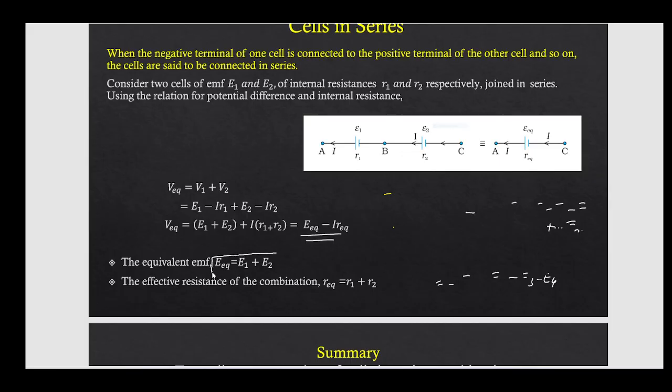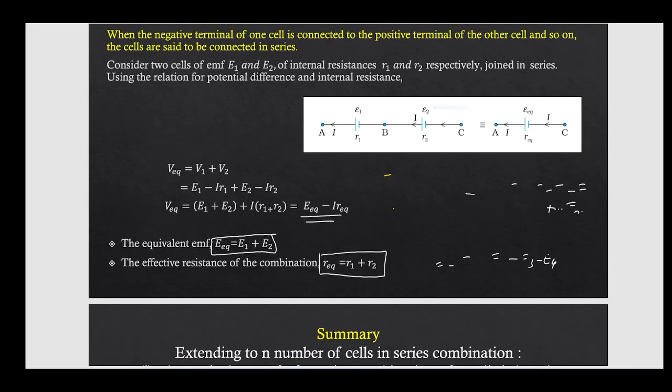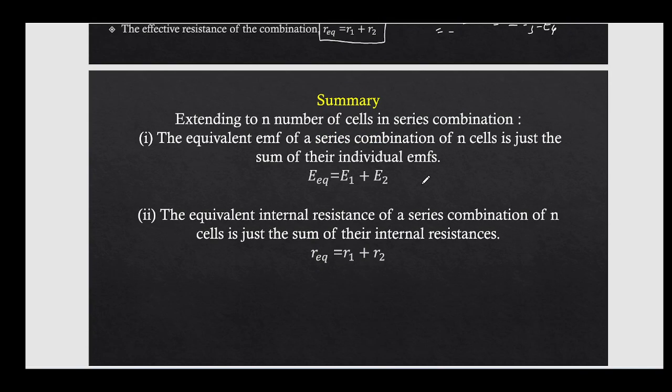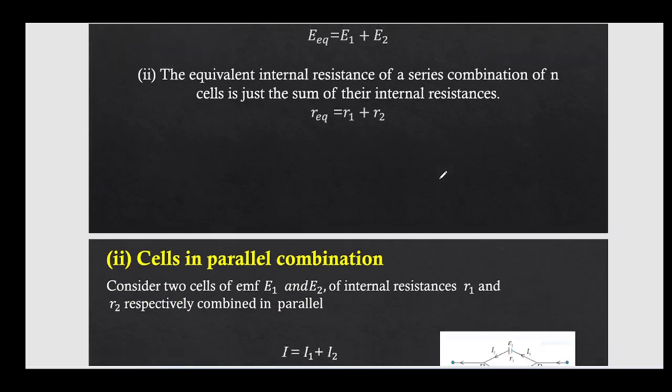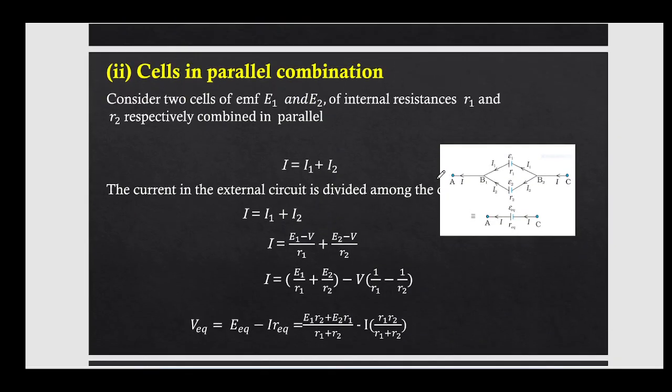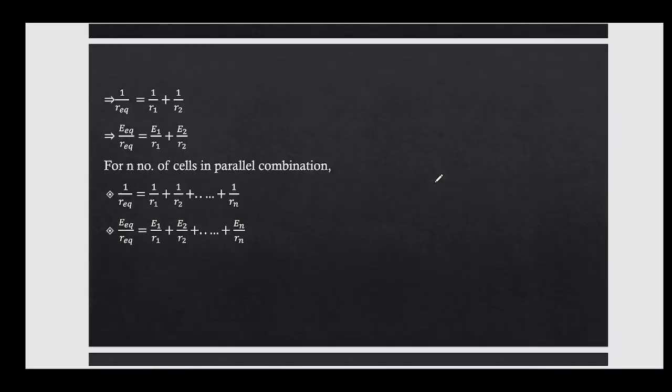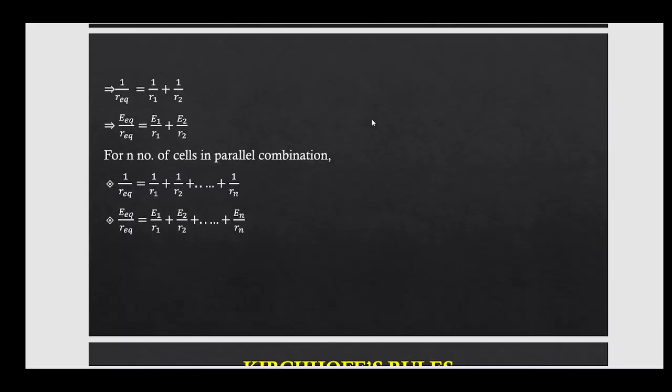E equivalent is given by E1 plus E2, R equivalent is given by R1 plus R2, but try to remember the same convention also. For resistance, the same convention will not be applicable, but for EMF it is applicable. Direction of current matters.